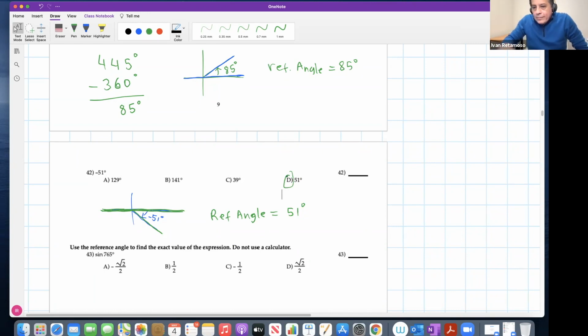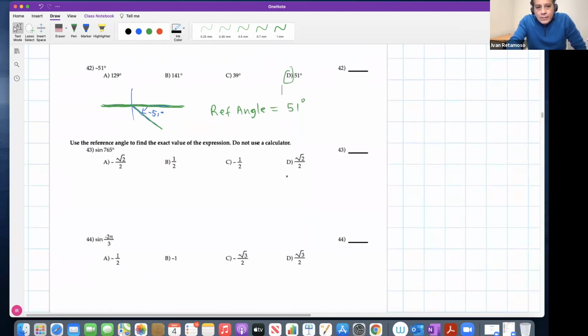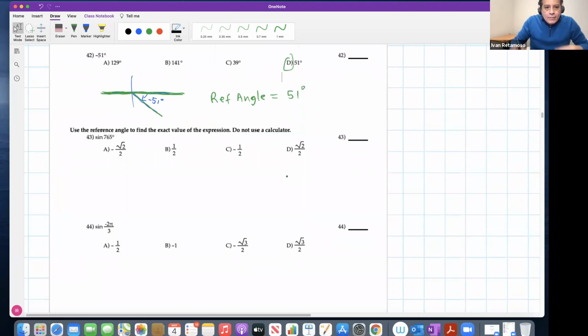All right, moving on. Let's talk about using the reference angle to find the exact value of the expression. Let's say you want to find sine of 765 degrees. Notice this is a huge angle, so I have to make it smaller by subtracting 360. If you subtract 360, this is going to be 5, this is going to be 0, this is going to be 4. It's still big.